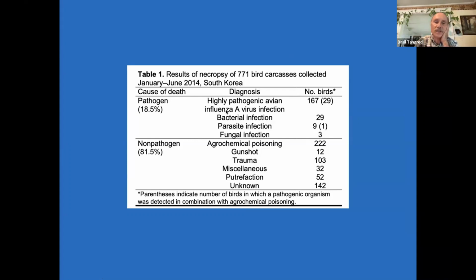Unfortunately, that happens too many times. So what I'm trying to illustrate here is that even in the face of an active outbreak, out of 771 birds, only 18% really had influenza.